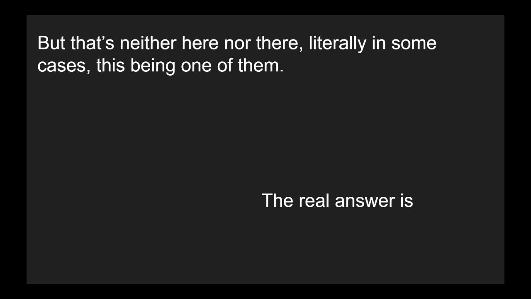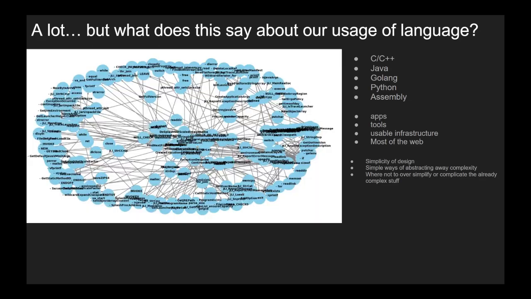So literally, in some cases, this being one of them, the real answer to the overall optimization problem, even for security, is this. It's a lot of complexity, but it does a lot of simple stuff.